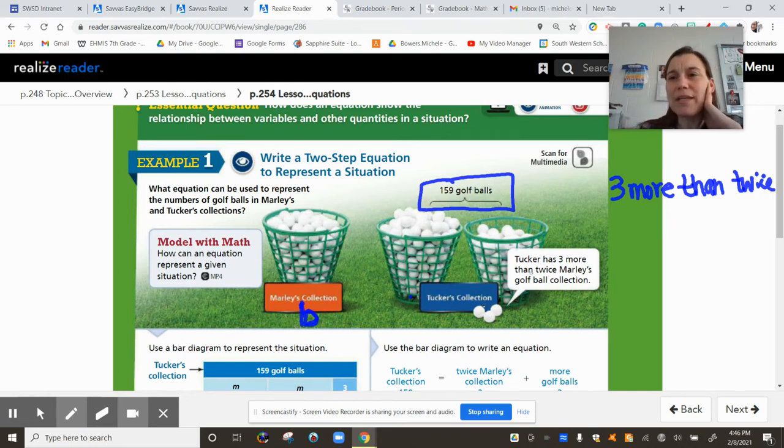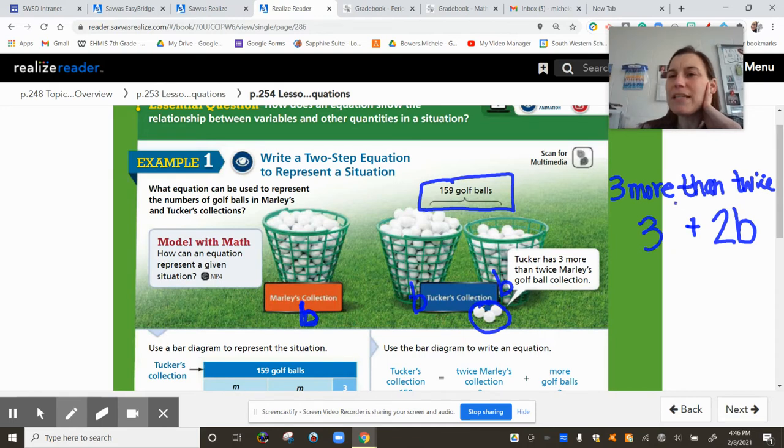So these 3 here are not in the basket, but if he has twice those, that means that he has 2 of them. So twice what Marley has would be 2 times what Marley has. But in addition to that, Tucker also has 3 more than that. So that means you have to add these 3. That's plus 3. So 3 more than.